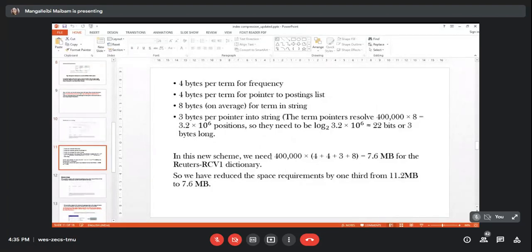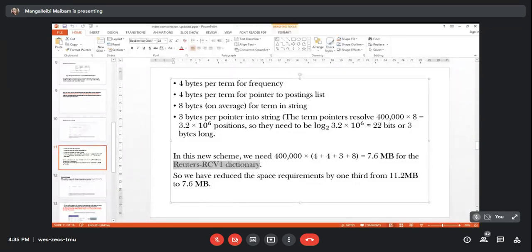Using Reuters' dictionary text information, it has around 4 lakh terms, then 4 bytes for frequency, 4 bytes for pointer to posting list, 3 bytes for term pointer, and on average 8 bytes for an English term. We add these, multiply with the number of terms, and get 7.6 MB.